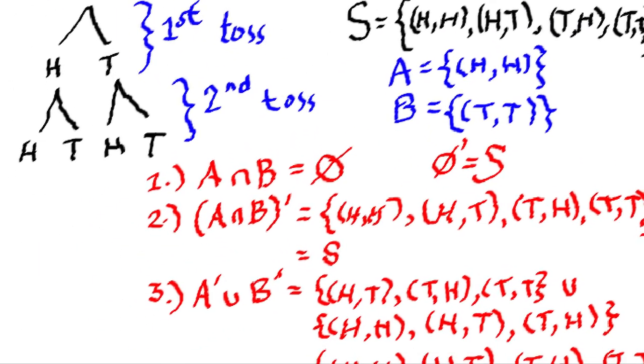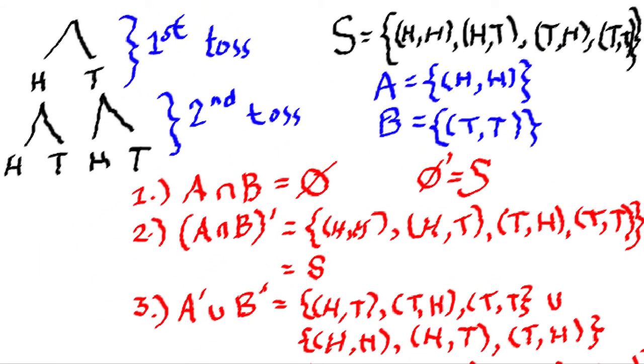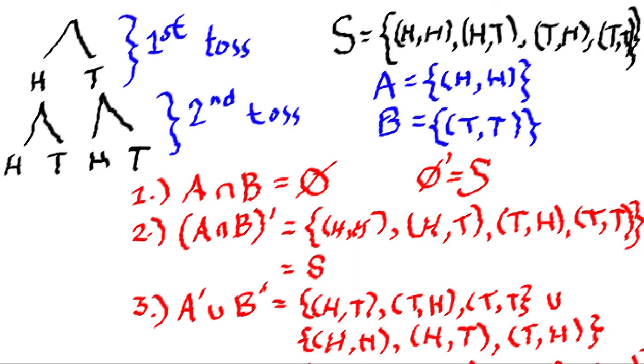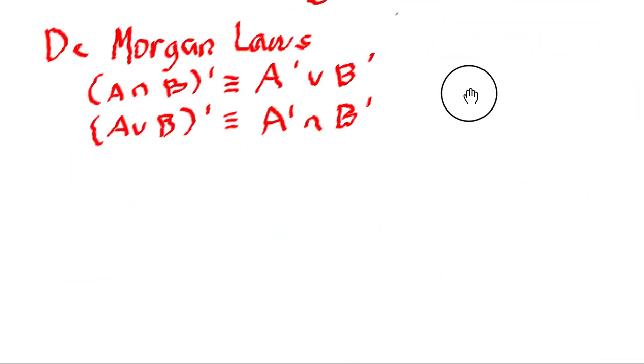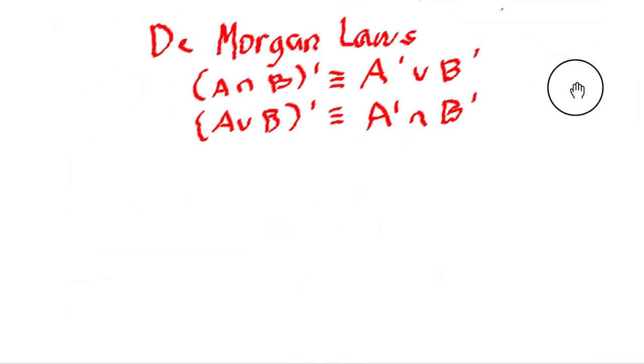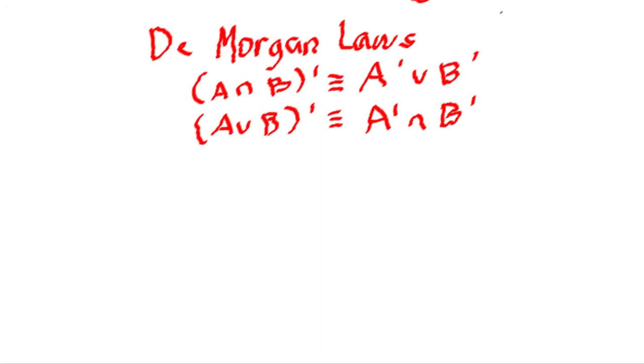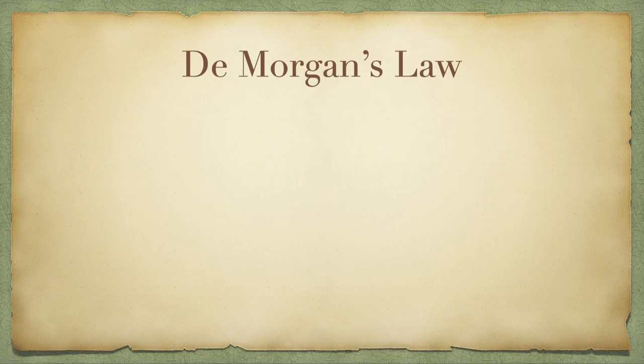Okay, we started here. We presented it and showed the sample space. We have events A and B. We answered 1, 2, 3, and it follows that 2 and 3 are actually taken from De Morgan's laws, which is actually stated here in our PowerPoint.